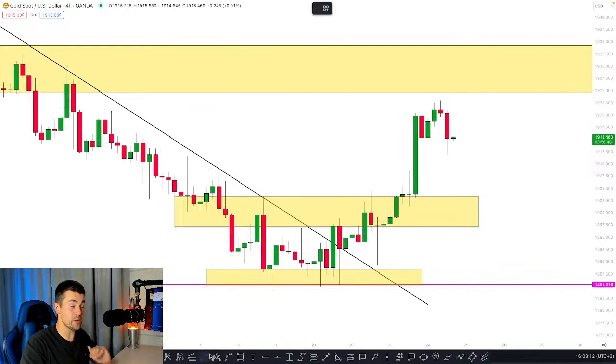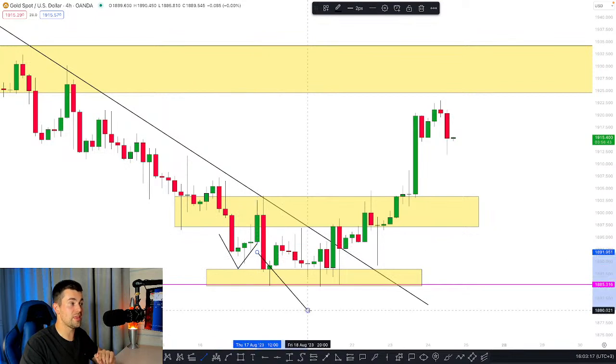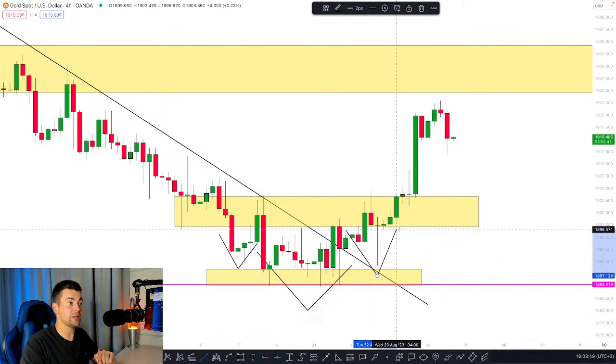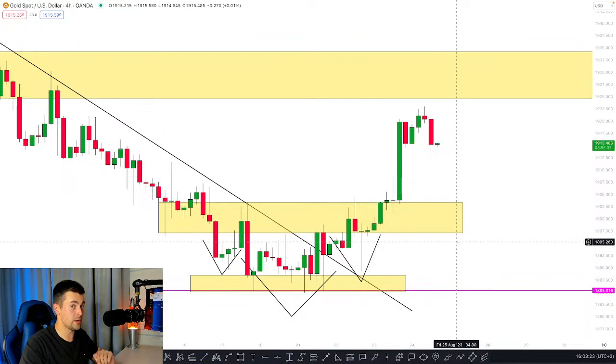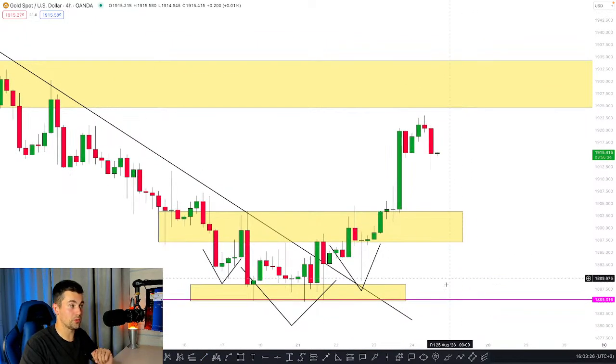And within that range, by the way, we have even formed the inverted head and shoulders pattern. Yeah, very cute bullish pattern was formed right here.